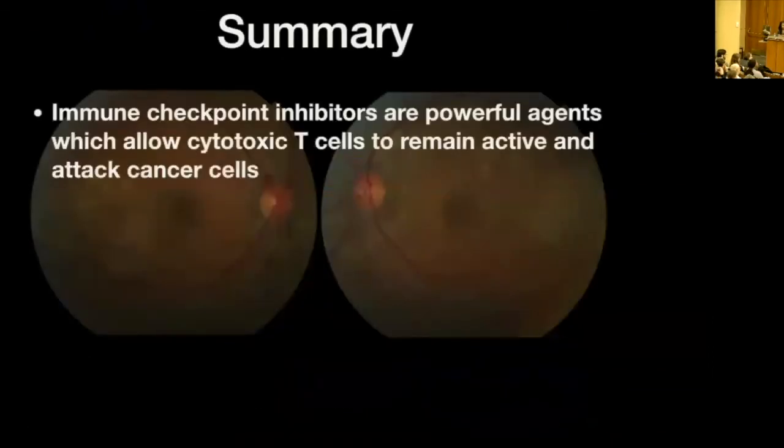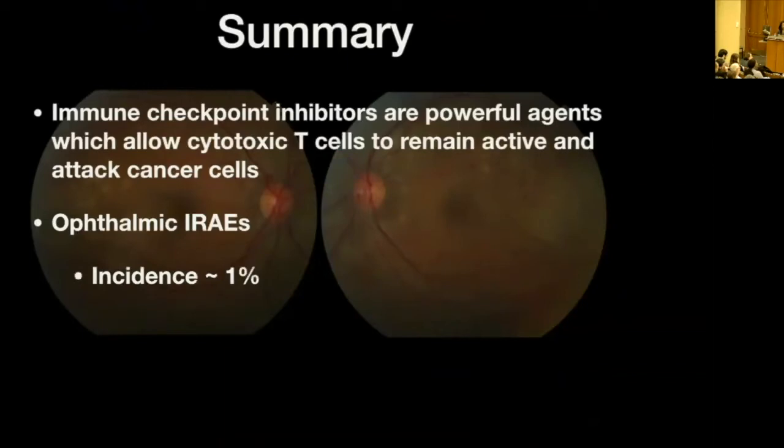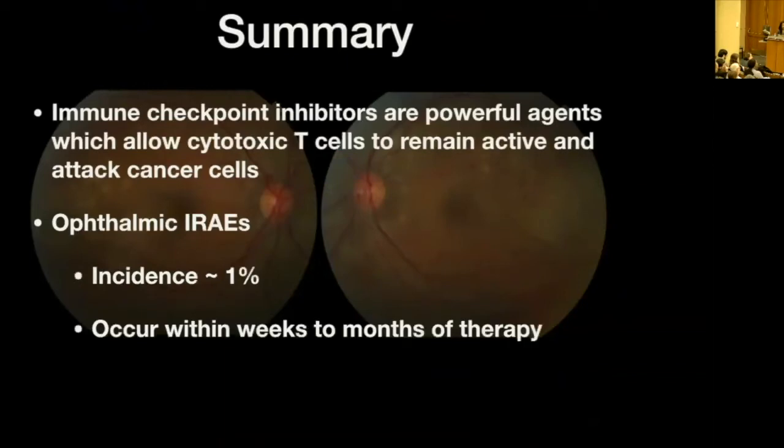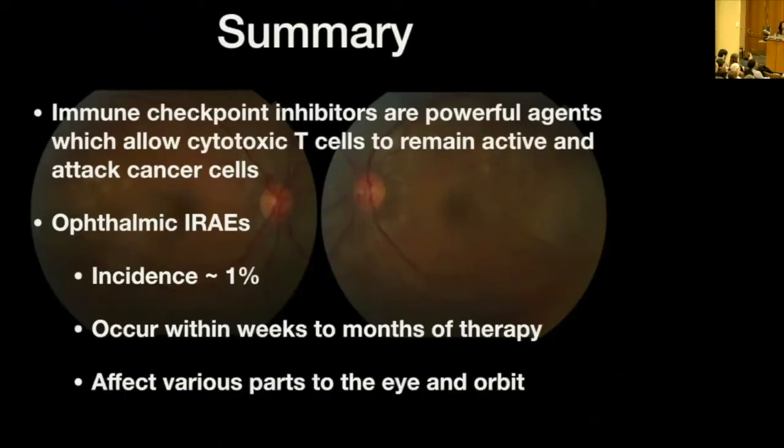In summary, immune checkpoint inhibitors are powerful agents which allow cytotoxic T cells to remain active and attack cancer cells. The ophthalmic immune-related adverse events are real. The incidence is about 1% and they can occur within weeks to months of therapy and can affect various parts of the eye and orbit.